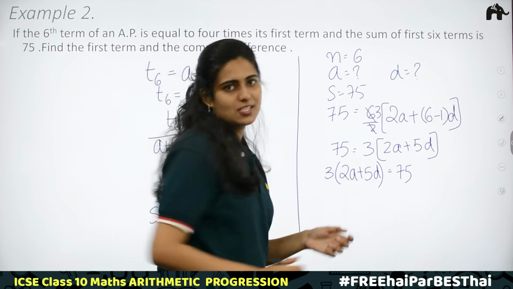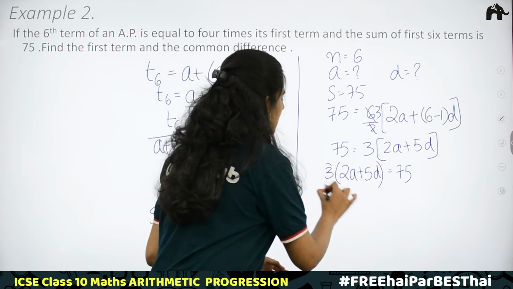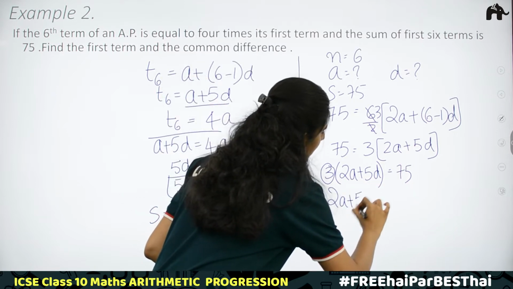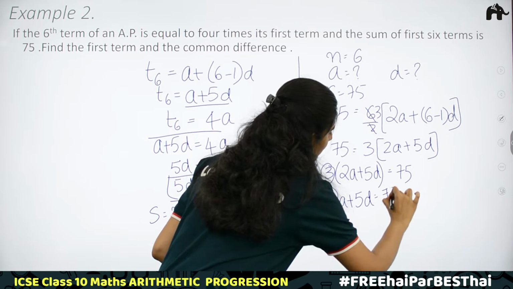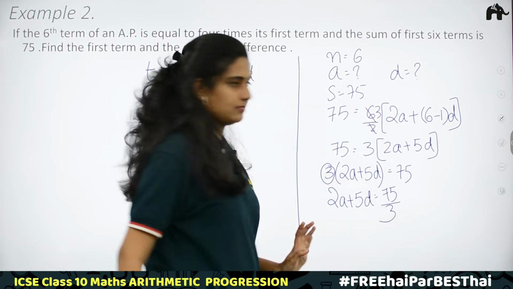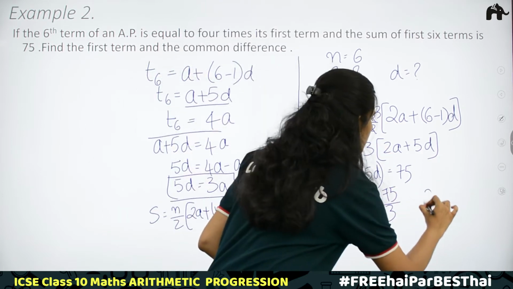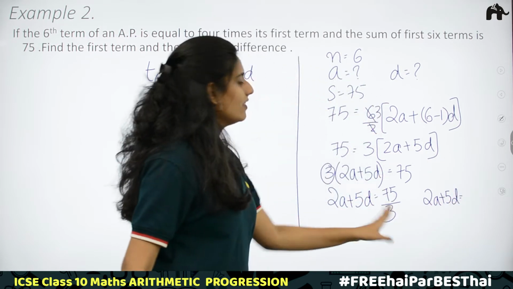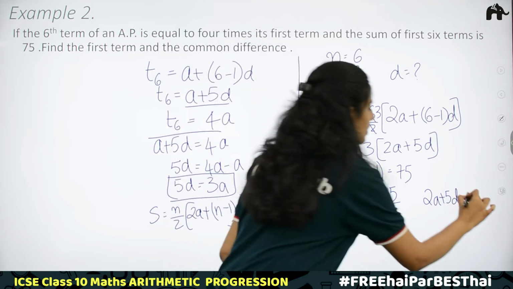Okay, for solving this is more comfortable. Now this 3 is taken to the opposite side. We get 2a plus 5d is equal to 75 divided by 3. What is 75 divided by 3? We get 25.